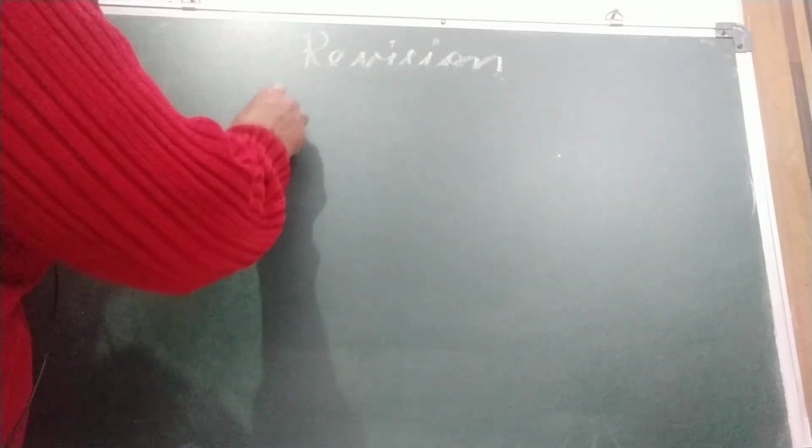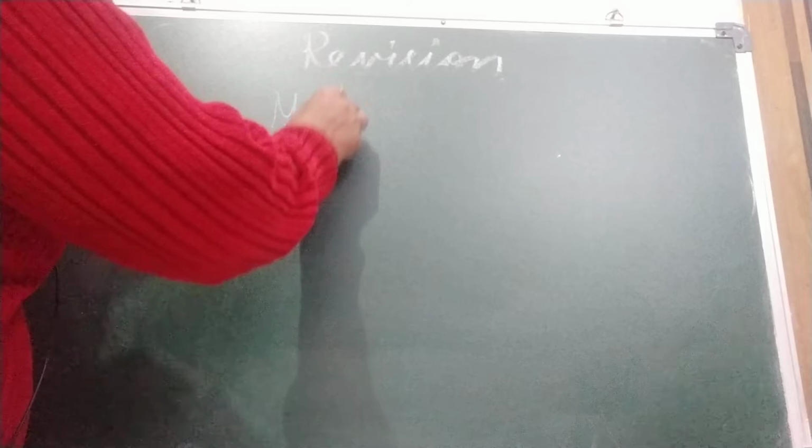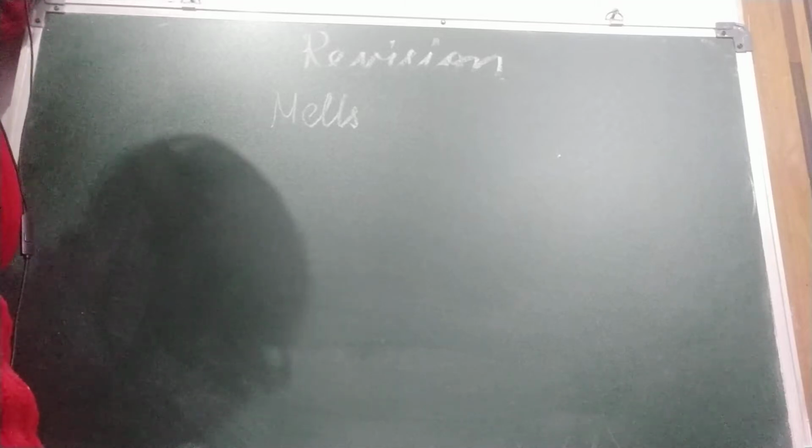In fuse we use the metal which melts very quickly. Okay. So the heating effect of the current is also used in an electric fuse. It is a safety device to prevent damage to an electric circuit if very high current suddenly passes through.